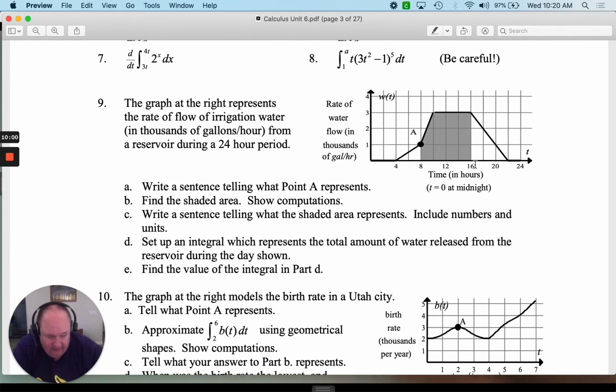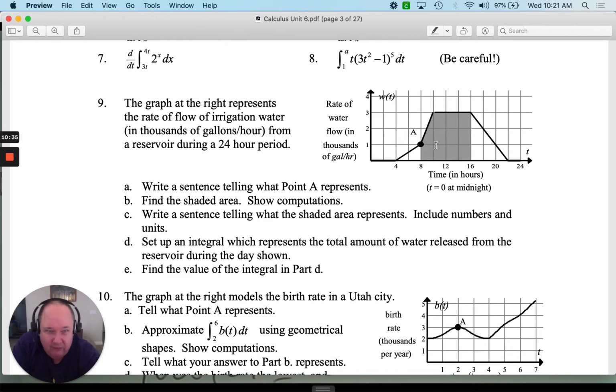That's 18,000. And then I'm going to find the area of one square here, a rectangle. That's 1,000 times 2. So the height of that rectangle is 1,000, and the width is 2. So that's 2,000. And then a triangle here. Do you see that triangle? So that's half the base times the height. So the height of that triangle is 2,000.